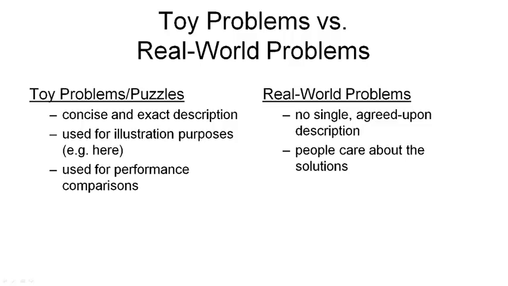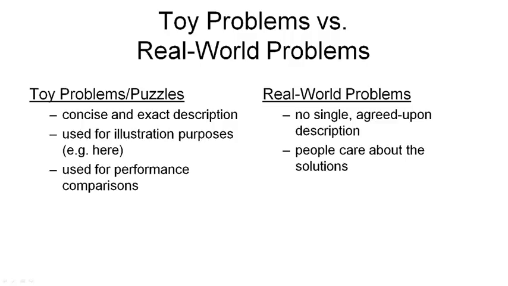Toy problems have two interesting properties, namely they are rich and simple. By rich, we mean they're anything but trivial to solve, and by simple, I mean they can be described easily and precisely. Real-world problems tend to be very different. To begin with, there is no single agreed-upon description for most real-world problems.